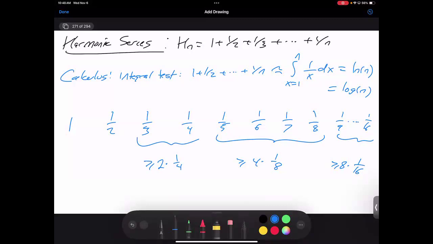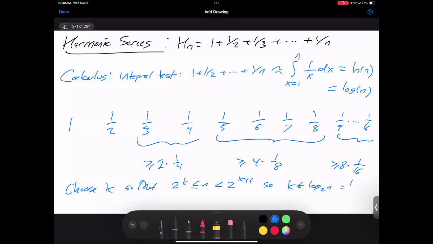And you can see, again, this is just an elementary argument. Choose k so that 2 to the k is less than or equal to n, which is less than 2 to the k plus 1. So k is the log of n base 2, which is less than or equal to the log of n base 2, right?